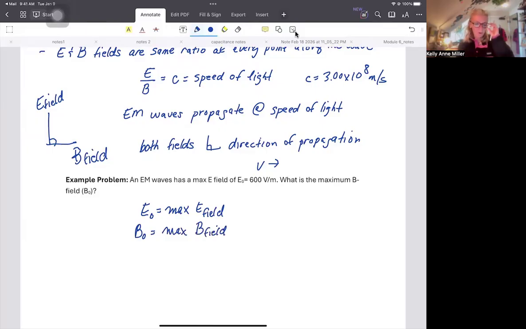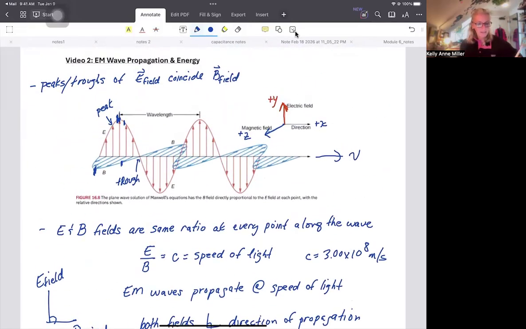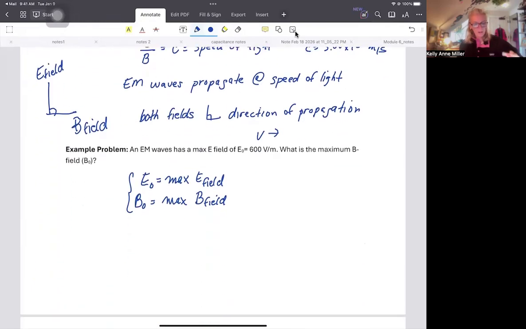Remember those two things are going to line up. From this picture, the peak of the E field lines up with the peak of the B field. The ratio of the two fields at any point along the propagating wave is just E over B equals c.